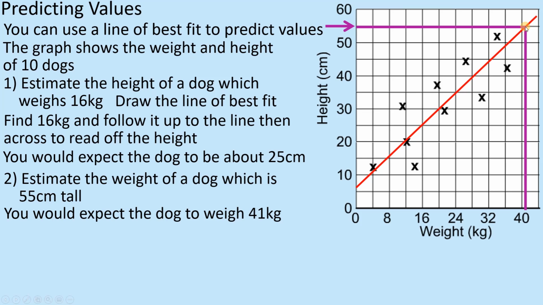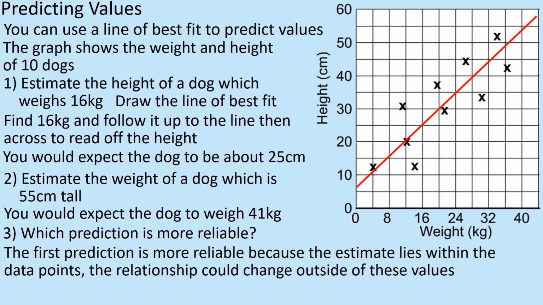Based on our data alone, this is why we think that one is more reliable. The relationship could change outside these values. While we've got a line of best fit that fits this part, would that continue all the way? I guess it probably wouldn't, because you wouldn't have a dog that would just get bigger and bigger. It would get to a point where it's not going to get any bigger.